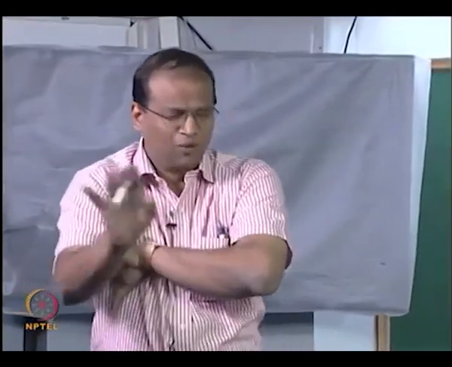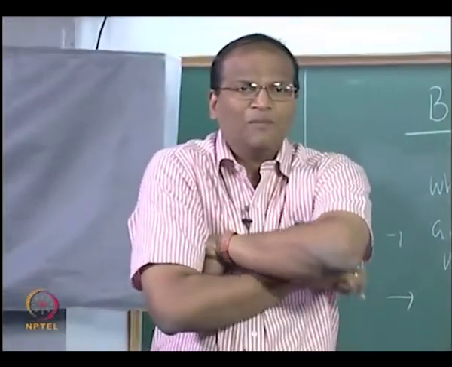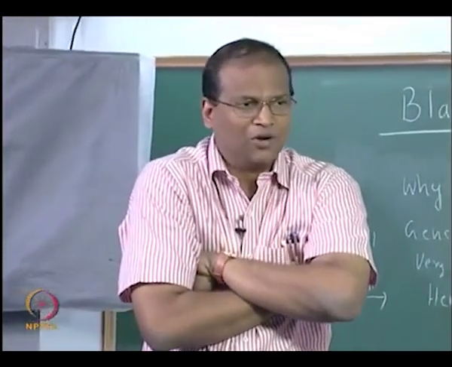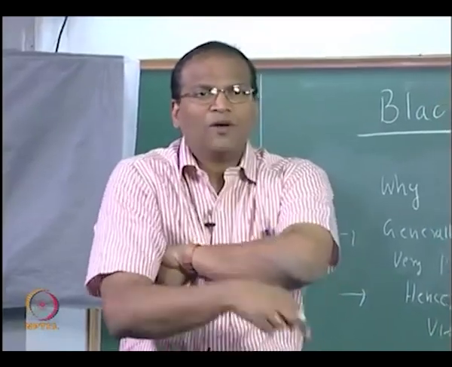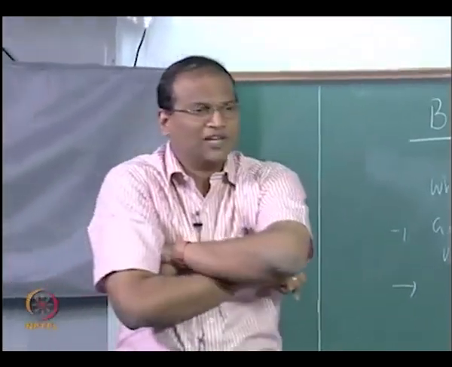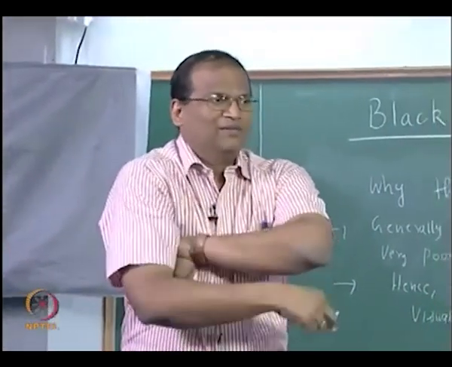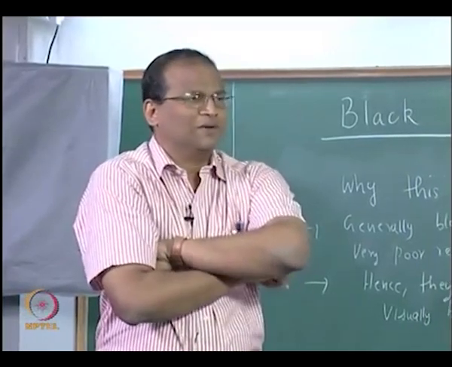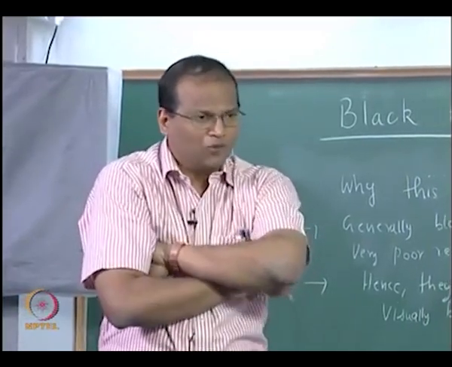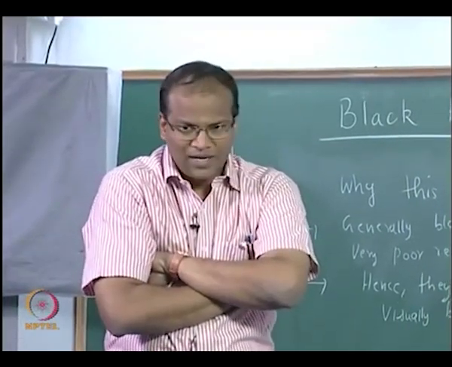If it appears black, it is black in the 0.4 to 0.7 micrometer portion of the spectrum. It may have a good emissivity, but I can't say it is a perfect black body, because the eye is a poor instrument to find out whether something is a black body beyond that 0.4 to 0.7. We are getting that point.